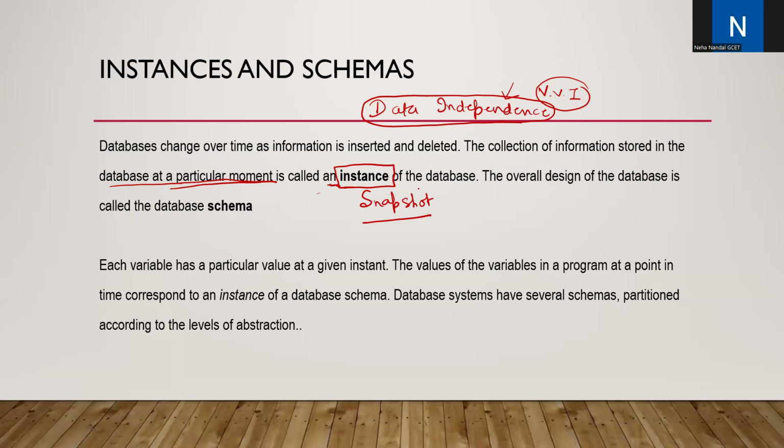The last stage is that the transaction is completed. Suppose we take the instance at the point where the database is at the debit stage. That screenshot, that snapshot, will be called the instance of that database. So this definition you have to remember.